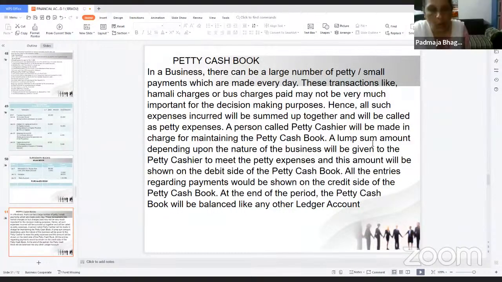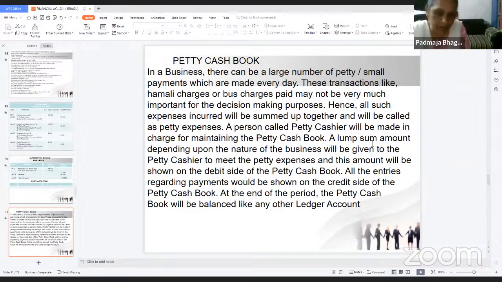Petty means very simple, very small amounts. In a business, there will be large transactions and also a number of small petty payments they have to make every day. Suppose I am the cashier and I need stationery for 100 rupees.